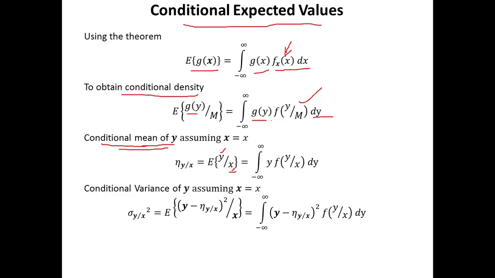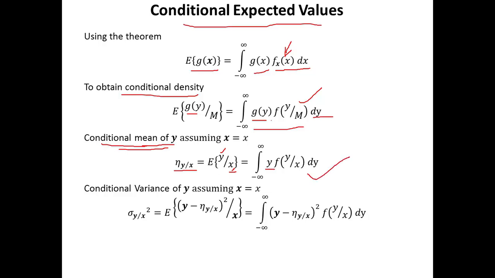So if this is represented as eta y given x, it will equal the integration of y times the conditional density function of y given x, using this formula. So this will be the conditional mean of y.